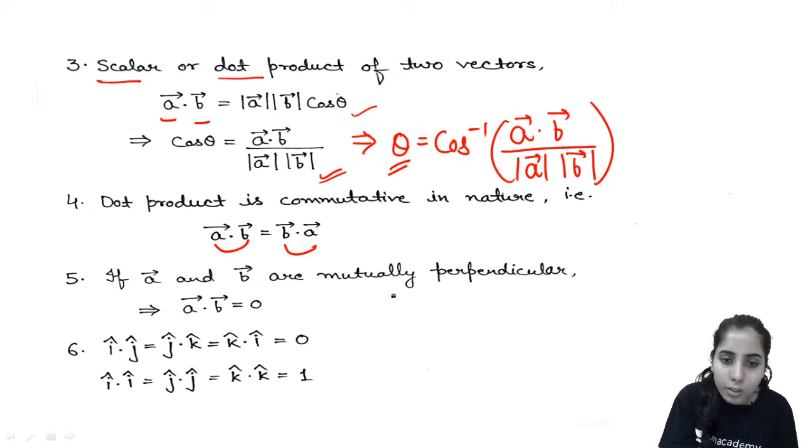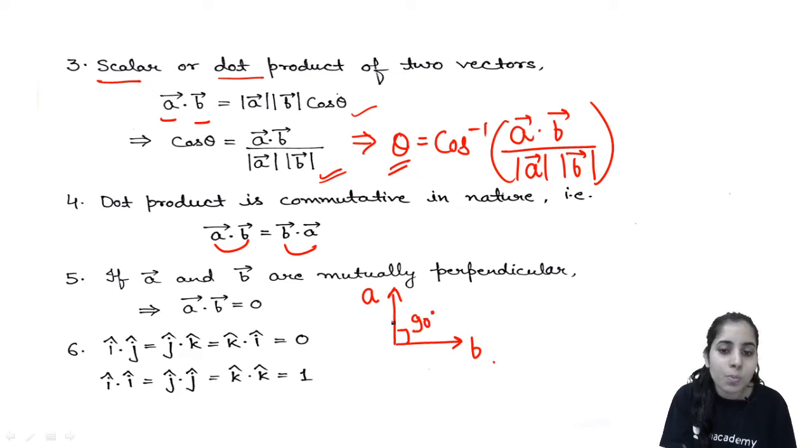I can even draw it here: this vector A and this vector B. A is perpendicular to B, or B is perpendicular to A, so they are mutually perpendicular. Clear? In that case, what is the condition? The dot product or the scalar product of both the vectors will be equal to 0. So that's a condition we all should know, that if any two vectors are mutually perpendicular to each other, then their dot product or scalar product will be equal to 0. That's very good, Pankaj.